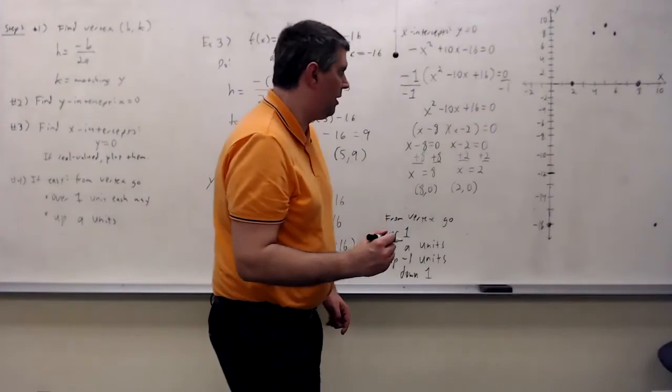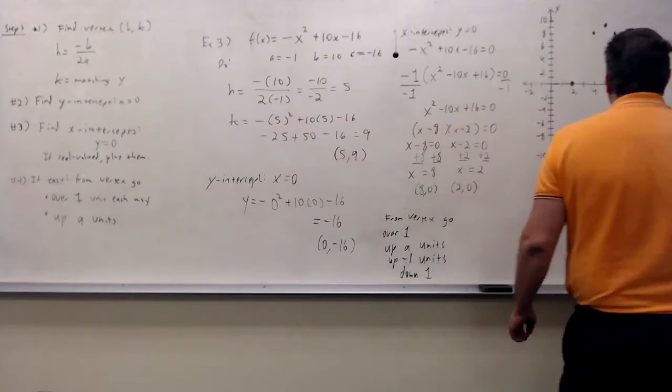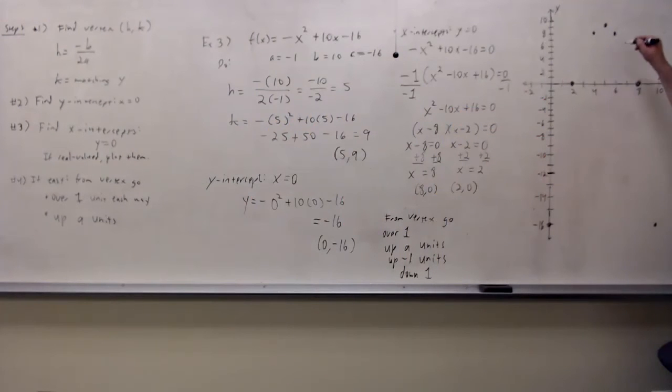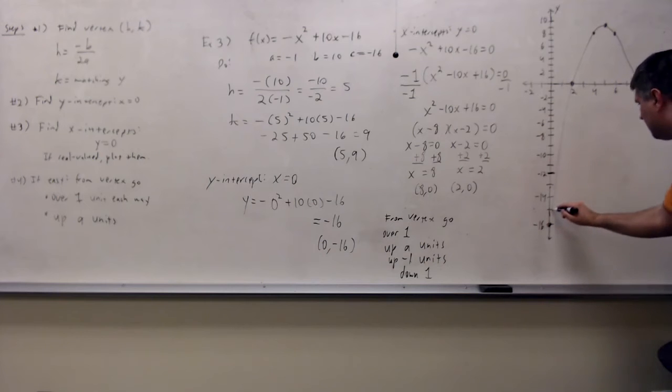All right, and then I'm going to put that curve through that will hopefully hit everything it's supposed to. Despite the fact that, again, I'm not a very good sketch artist.